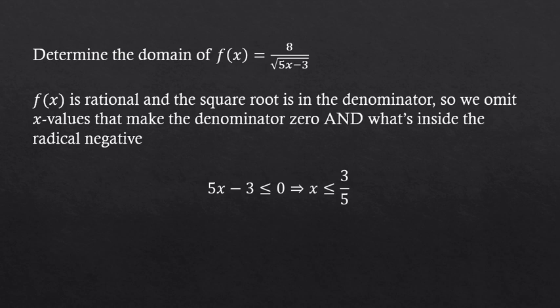Once again, this may have been a little confusing, so I'll just restate why we did this the way that we did. Why did we have to know where 5x minus 3 was equal to 0? We had to know that because 5x minus 3 equaling 0 means that we have the square root of 0, which is fine.